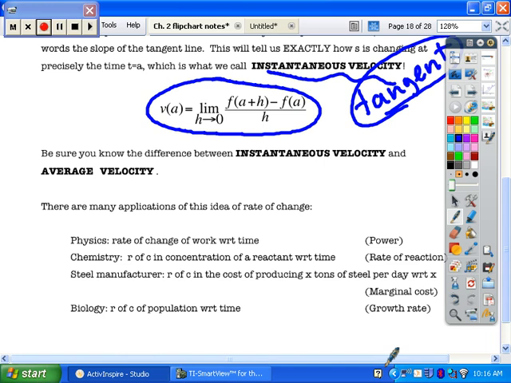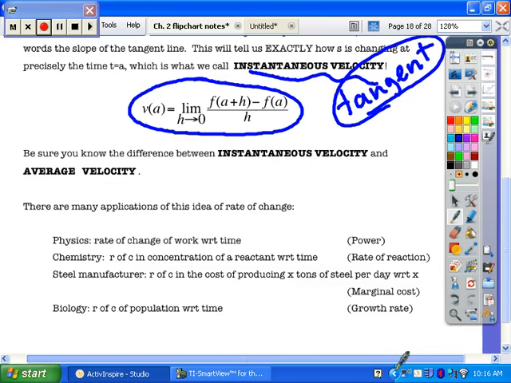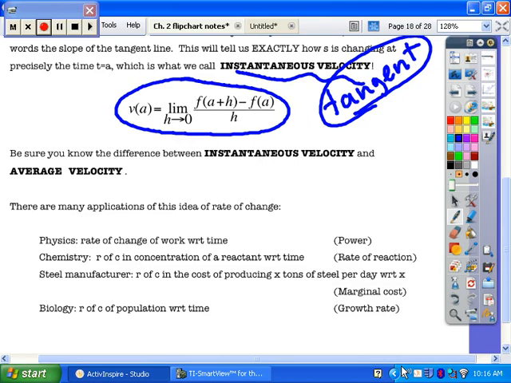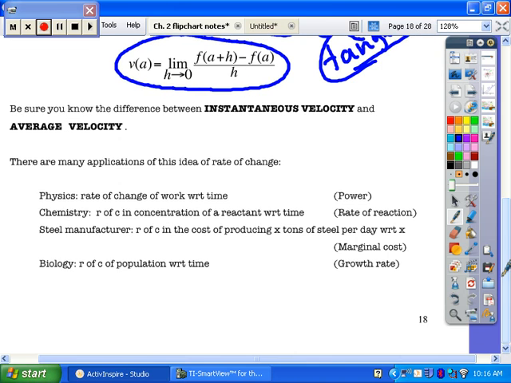Then we will talk about different applications of rates of change, like in physics, the rate of change of work with respect to time. Chemistry, biology, the rate of change of population with respect to time. We can talk about an average rate of change or an instantaneous rate of change. It just depends on whether you want the slope of the secant line or the slope of the tangent line. So we'll see that.